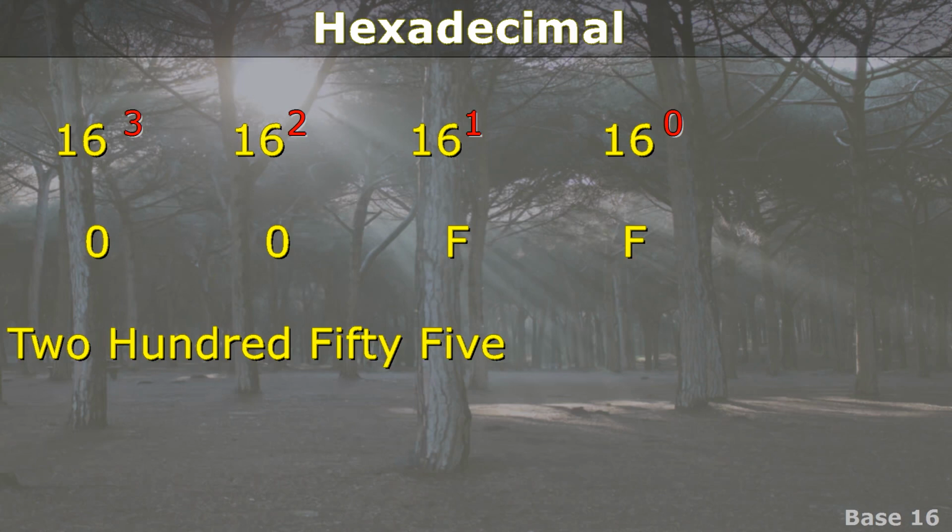So hexadecimal, 255 in hexadecimal. Remember, the columns are just like base 10. We have 10 to the 0 column for a 1. We have 16 to the 0, which also is a 1. 16 to the first, 16, 16 squared, and 16 cubed. 255 is the highest 1-byte number, and that is FF in hexadecimal.